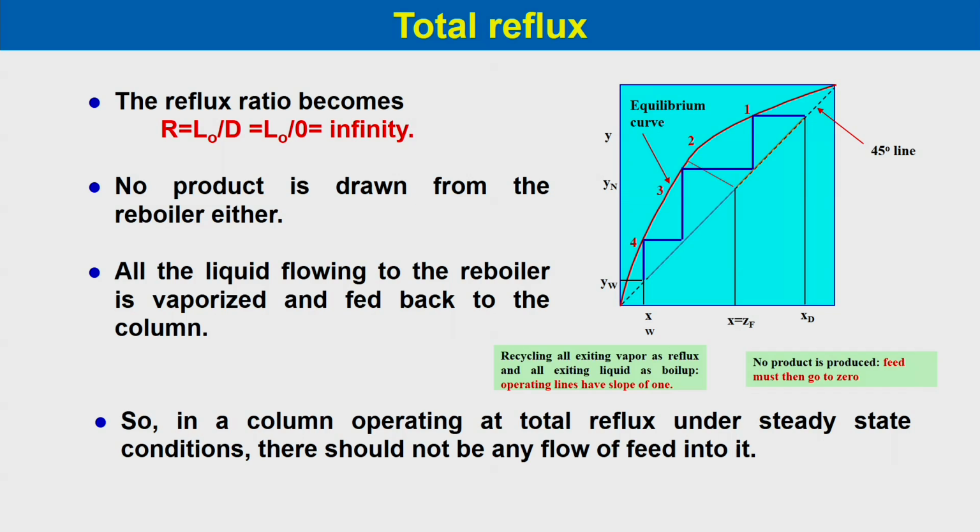So, you can see over here recycling all exiting vapors as reflux and all exiting liquid as boil off. So, the operating line has a slope of 1, no product is produced, that is feed must then go to 0. So, we should not give any feed during this operation.